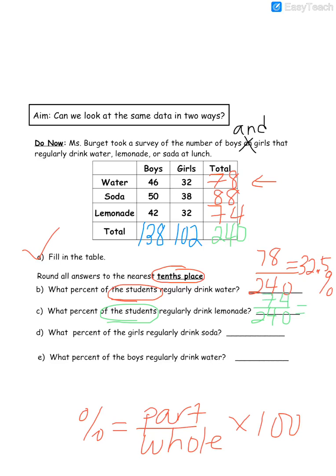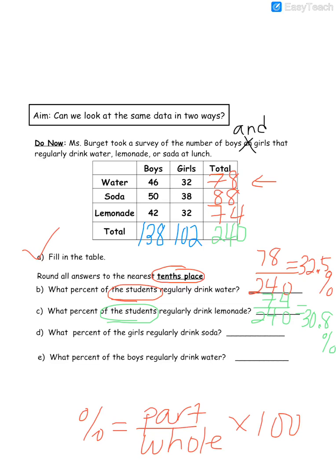That's 74. I'm going to divide 74 by 240 on my calculator, and I get 0.308333333. I'm going to times it by 100, and I got 30.83 repeating. And again, I'm rounding, so I'm going to write 30.8%. Hopefully you got the same answer as me.